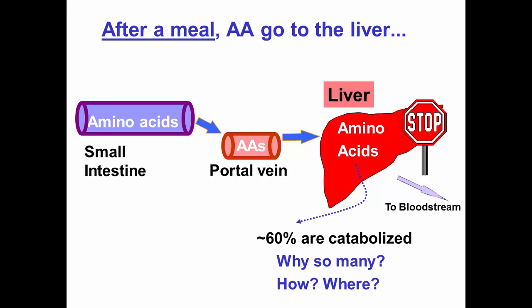So we either make proteins or we catabolize them. That's the primary reason. There are enzyme activity reasons as well, but for now, a big fraction of them are going to get catabolized because we can't store them. We have to use them or catabolize them.